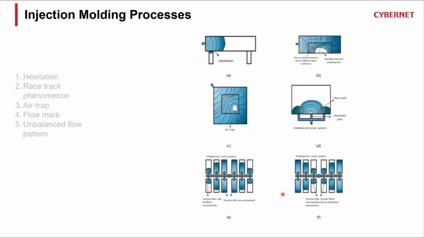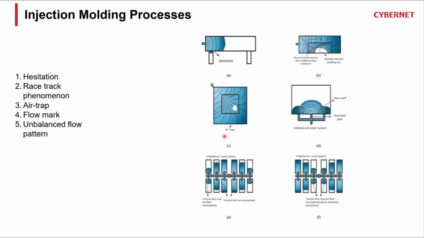For this one, I will describe the six types of common problems that can be faced. This is what I described as hesitation. This one is caused by the different speed of the flow, causing the weld line and making it uneven.